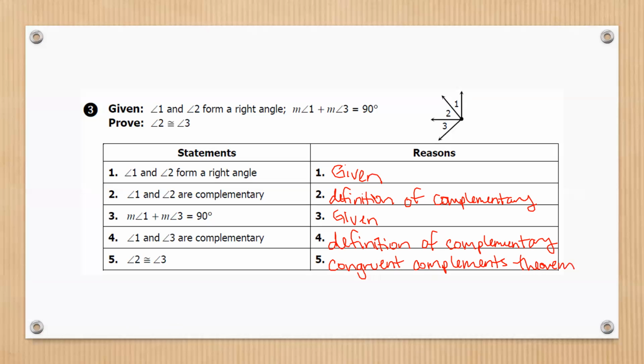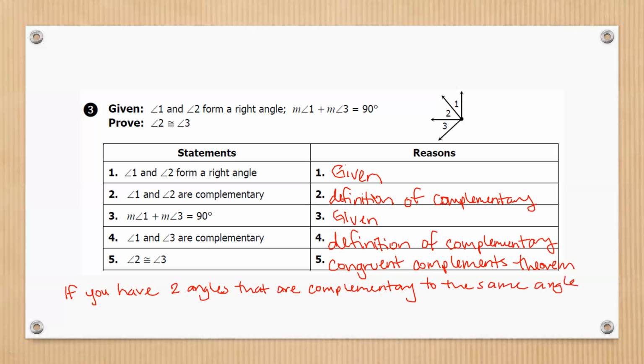And the congruent complements theorem says if you have two angles that are complementary to the same angle, then those 2 angles are congruent.